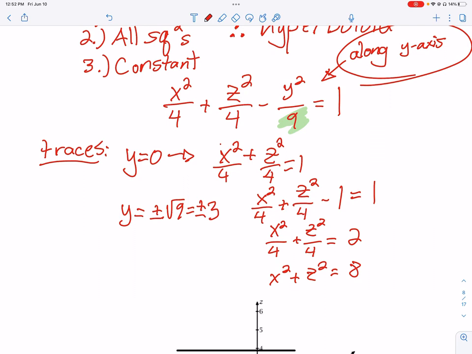So if I take the square root of 8, that's going to give me r, my radius. That's a circle, right? So the radius is the square root of 8. That's roughly a little less than 3, right? Because the square root of 9 is 3. So r is roughly 3. Okay.